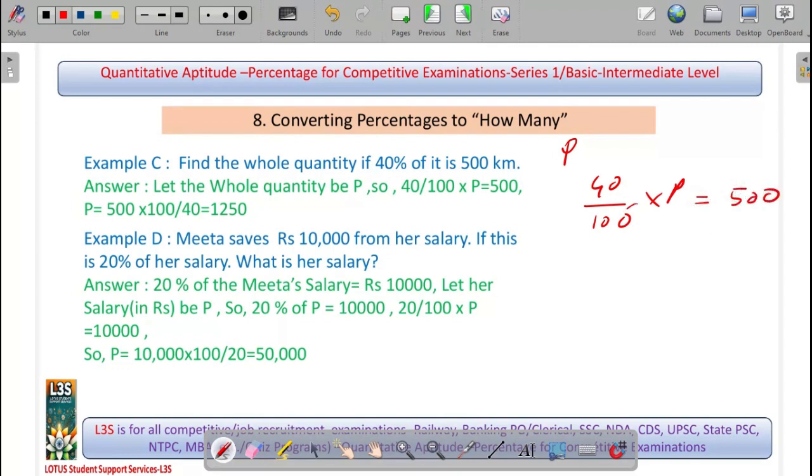So similarly, we can simplify it to 5. So P equals 25 into 500, 2500 divided by 2. So the total is 1250 kilometer. Okay.